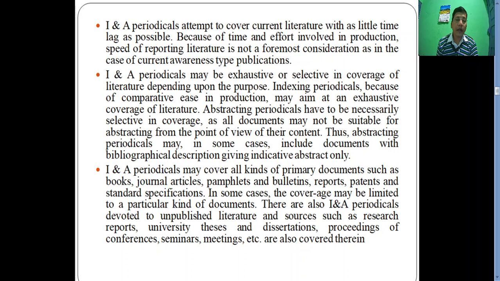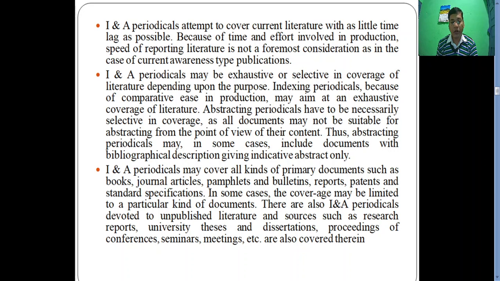Indexing and abstracting periodicals may cover all kinds of primary documents such as books, journals, articles, pamphlets and bulletins, reports, patents and standard specifications. In some cases, the coverage may be limited to a particular kind of documents.